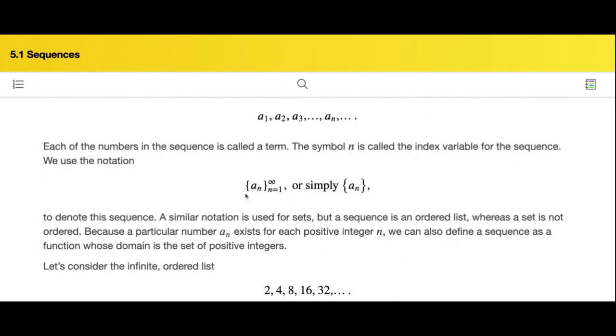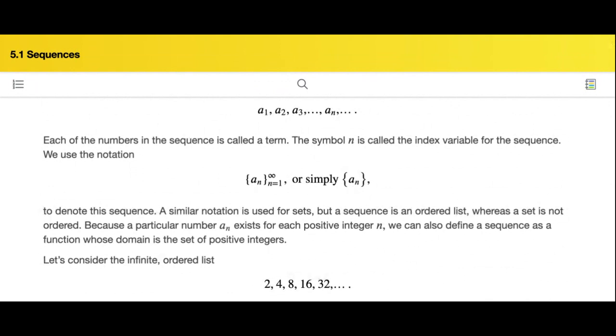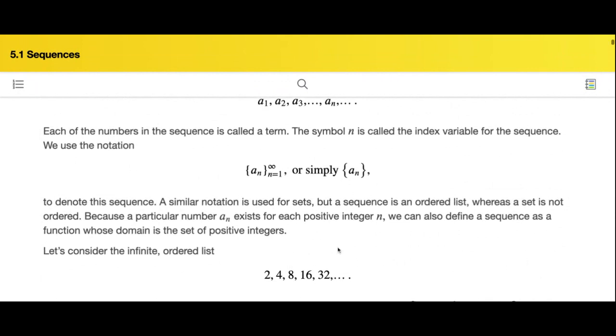We could use set notation to represent this: a set of a_n, where n goes from 1 up to infinity. Or sometimes it's simply a set of a_n. By default, n is a natural number: 1, 2, 3, 4, and it keeps going on.